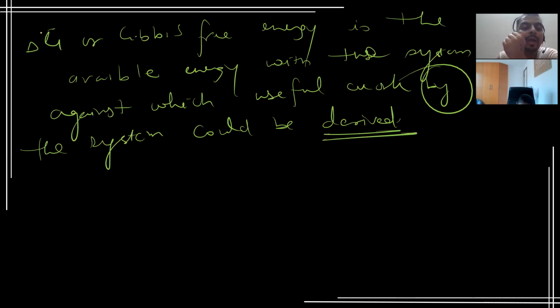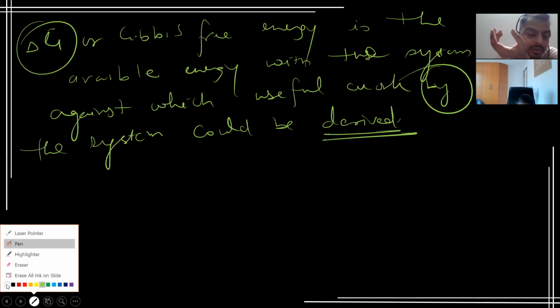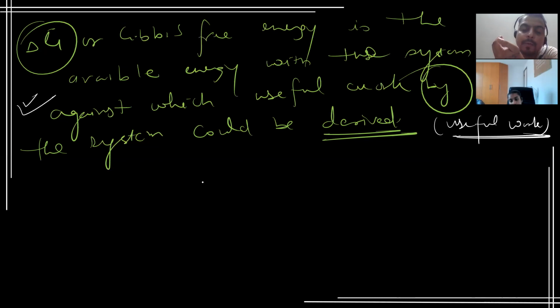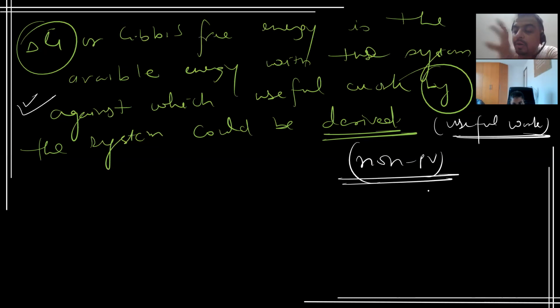Means it is the net amount of energy which is available for useful work. What is useful work? Useful work is the non-PV work. Non-PV means not gaseous work: mechanical work or electrical work.